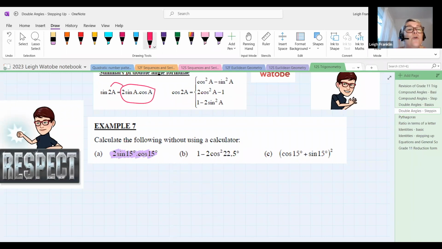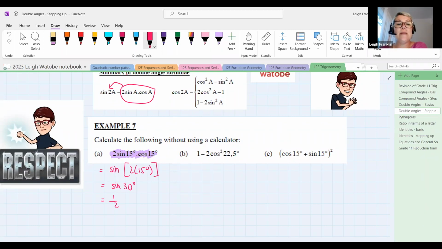You can do the reversal of the expansion. So you would end up writing this as the sine of 2 into 15 degrees. So we've doubled 15. That gives us the sine of 30. And we all know that the sine of 30 is 1 over 2. Okay, so nice, simple example to get us started.